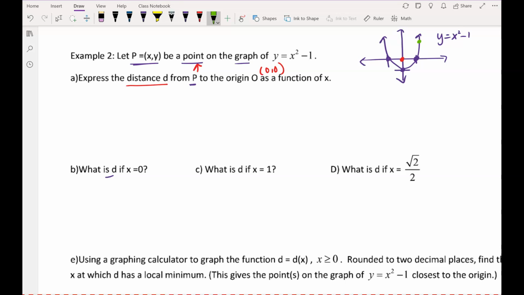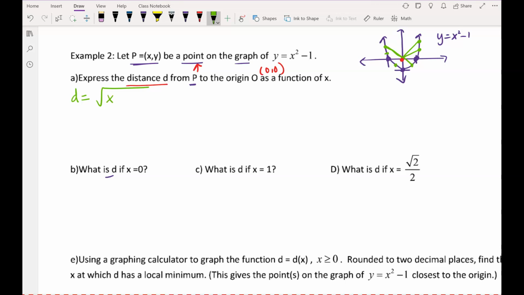P could be here, or here, or here. P could be any unknown point on the curve. So what it's asking us to do is find this distance, or this distance, or that distance, from any point on the curve to the origin. Since we don't know exactly what the point is, we will find the distance in terms of an equation.